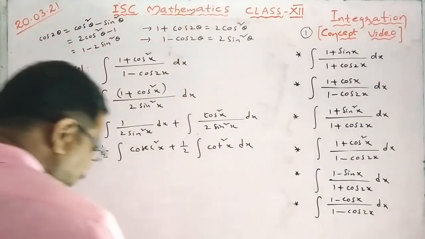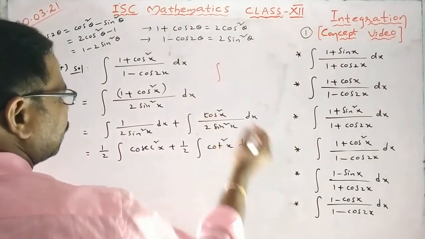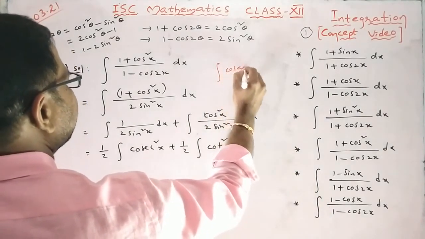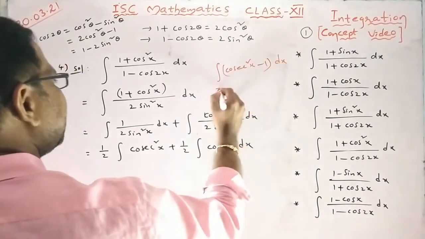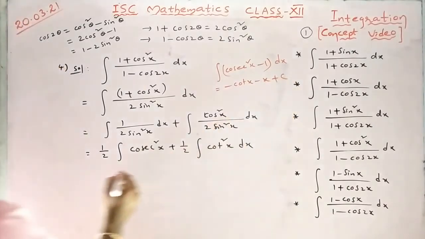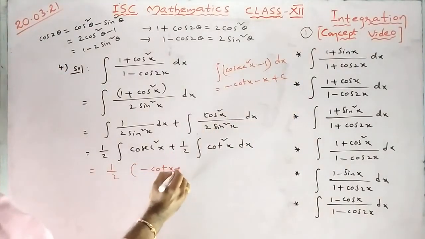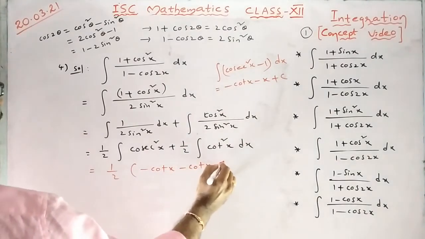So as I told you, as tan square x has no direct integration, cot square x also we have no direct integration; that can be written as cosec square x minus 1 dx. Integral cosecant square x is minus cot x, minus x plus c. So half of minus cot x, minus x plus c.